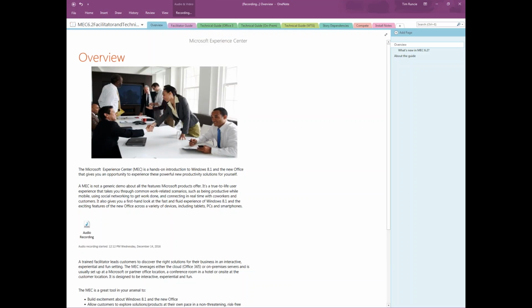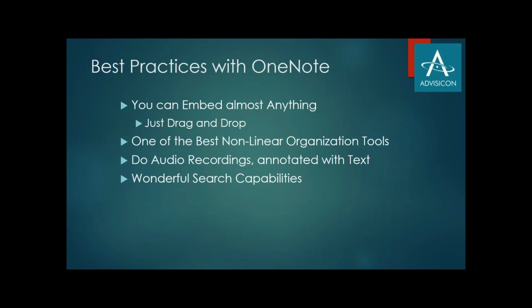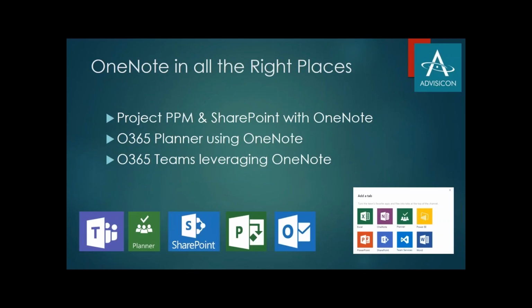And what I like about this is where you're going to see OneNote pop up. So let's take a look at some of those other options of where that will pop up in different places. We're going to talk about project management technologies as well as SharePoint. We'll talk about Planner, which if you haven't seen the Office 365 Planner tool, is built by the Microsoft project team as a very agile tool.